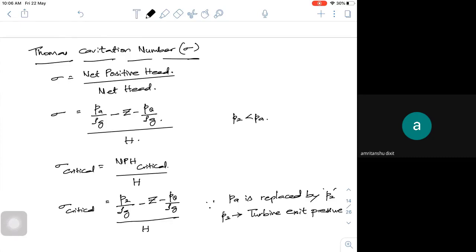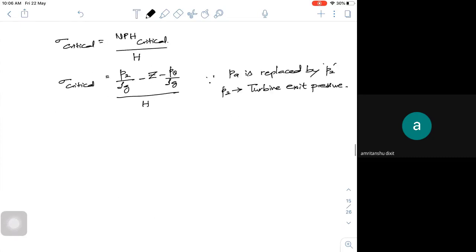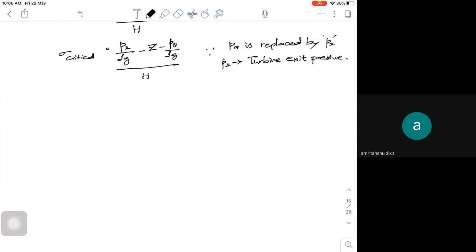From the lab perspective, we have done a few things actually. One is the performance characteristic of a turbine at constant head, constant speed, and constant efficiency.